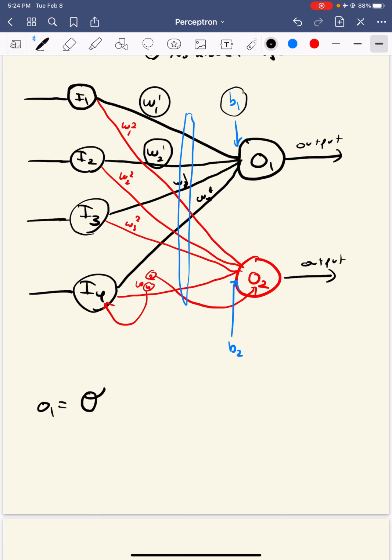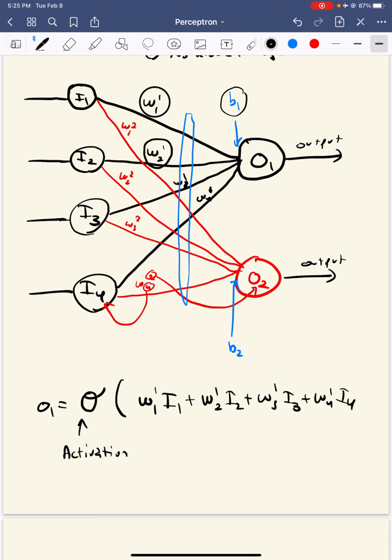So if our activation function is given by sigma, then this is W11 times the first input plus the second weight times the second input plus the third weight times the third input, and so on. And then plus the bias term that balances all of them out.